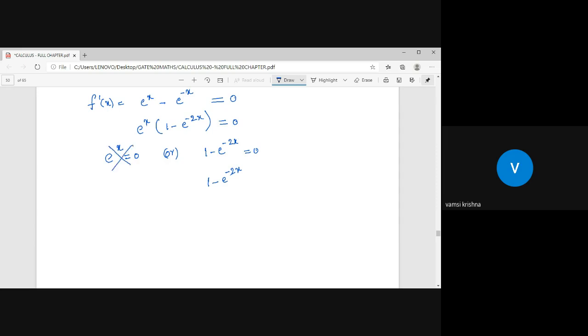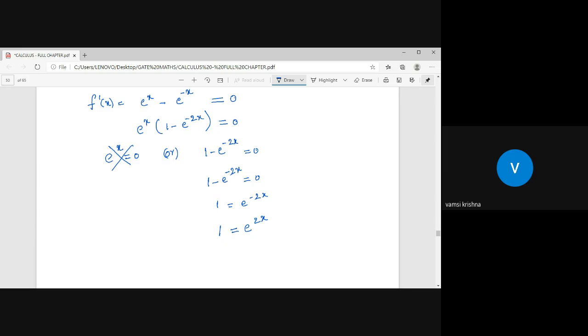Let us proceed with the second part. 1 minus e power minus 2x equals 0, so 1 equals e power minus 2x. If I change e power minus 2x to e power 2x, I should write the reciprocal of 1, and the reciprocal of 1 is 1 only.